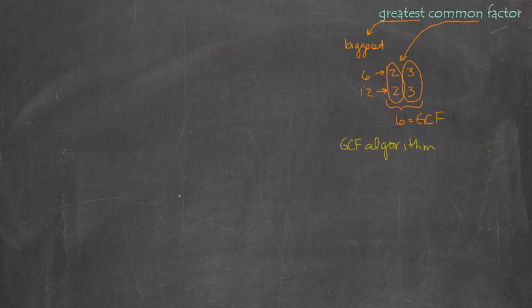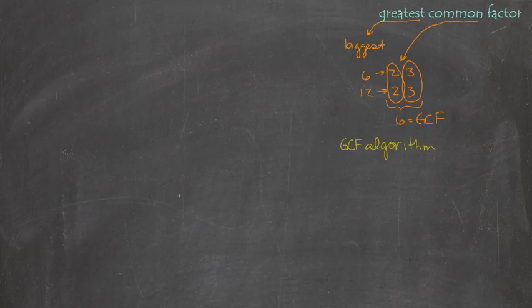An algorithm is just a set of steps that you can follow to complete an arithmetic or algebraic goal. Algebra comes from the word algorithm. Actually, that's a little bit of a lie. Algorithm comes from the word algebra. So let's look at the algorithm for finding the greatest common factor between any two numbers.